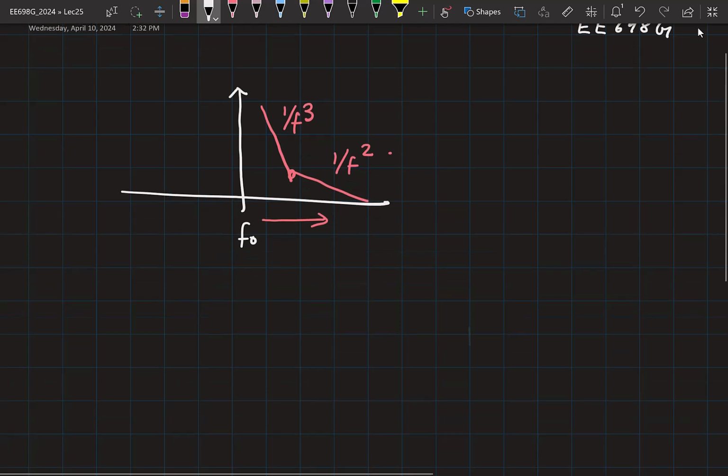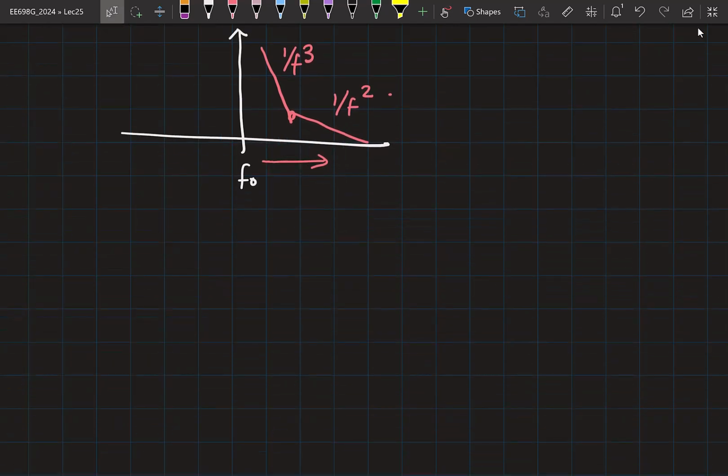Now let me quickly write out these expressions because I'll have to refer to them during the lecture. What is the expression for S_phi of f? You can read it from the board.